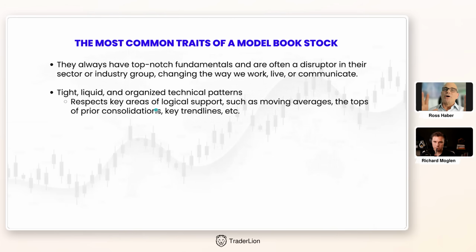So I wanted to show, you've got the Nvidias and ANFs of the world that trade liquid and a little bit tight, but you can still have an SMCI that is a powerful big leader that has a different personality. So my takeaway from the model books is that there are enough high quality, big performing model book stocks that trade in this way, that have the tight, liquid, organized technical pattern, what I call the aggravation-free patterns, the Nvidia pattern relative to an SMCI pattern. And SMCI can get more volatile than that.